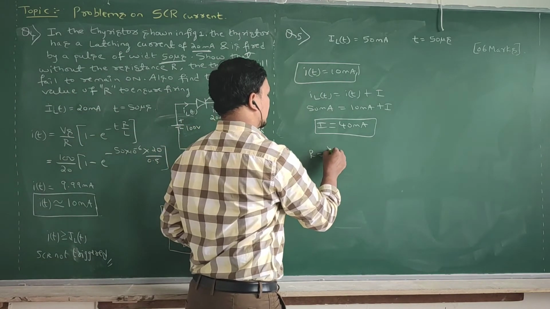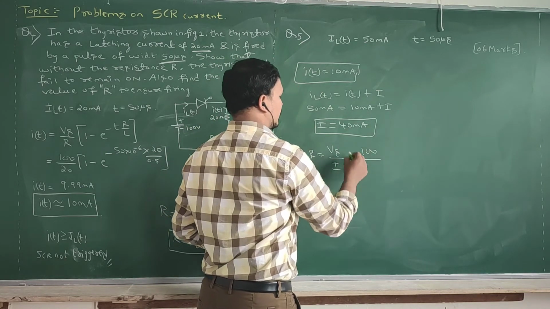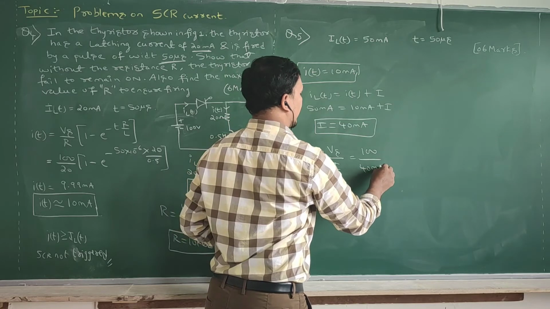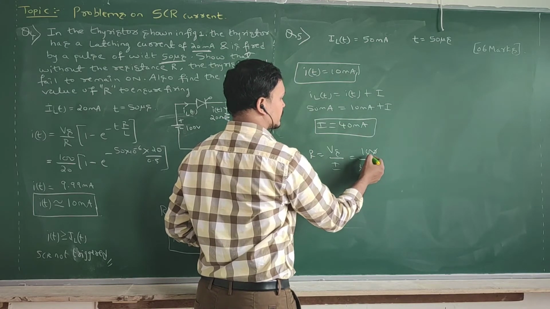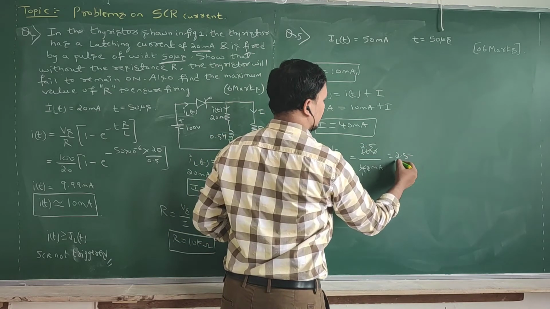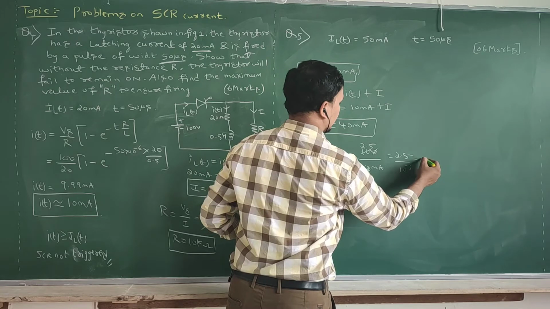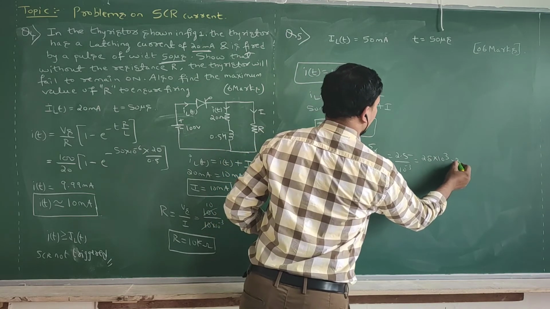So you have to find the shunting resistance value. Therefore, R is equal to Vs by I. Vs is 100. What is the current? 40 milliampere. So we can cancel this; 4 ones are 4, 4 twos are 8, you will get 2.5. So 2.5 divided by 10 power minus 3 is equal to 2.5 into 10 power 3 ohms.